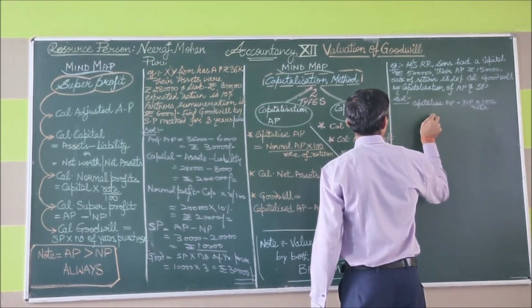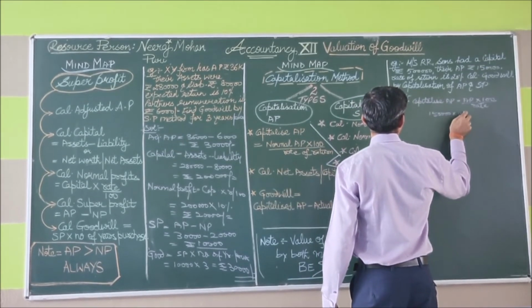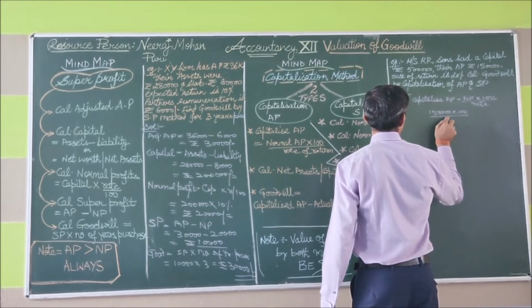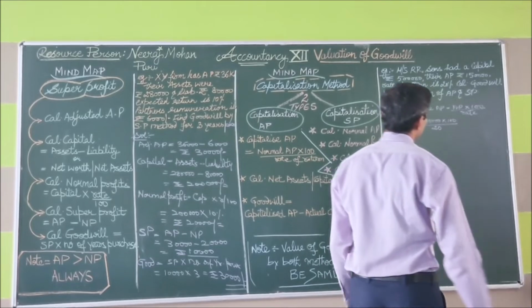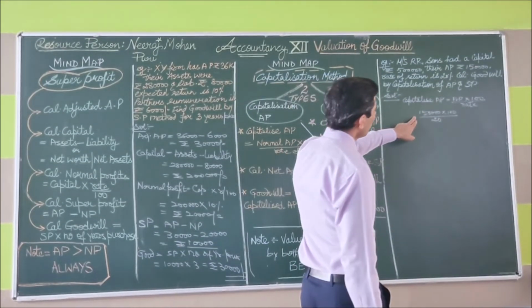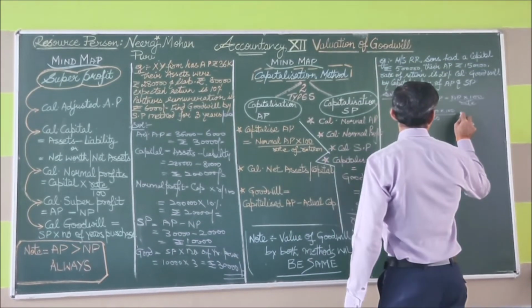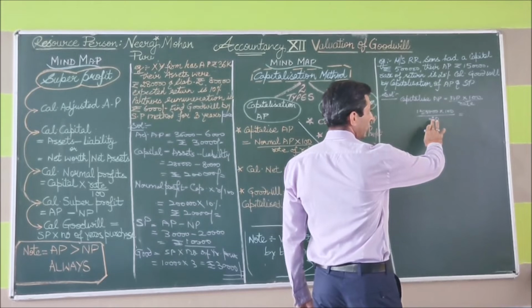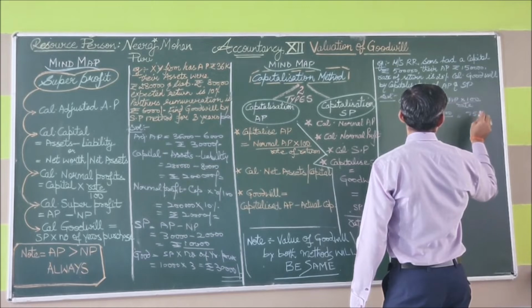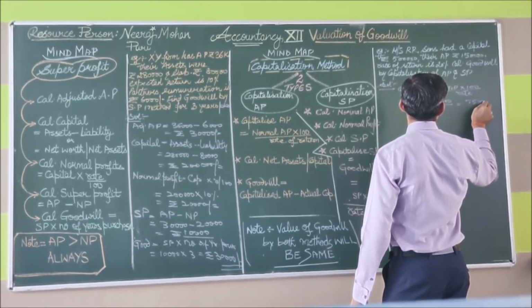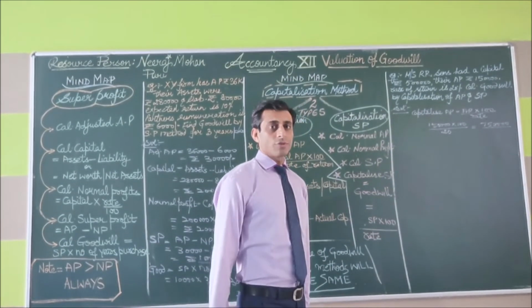Average profit is 1,50,000 multiplied by 100 divided by rate of return, which is 20%. 1,50,000 multiplied by 100 upon 20. This will give the value 7,50,000. So our answer is rupees 7,50,000.